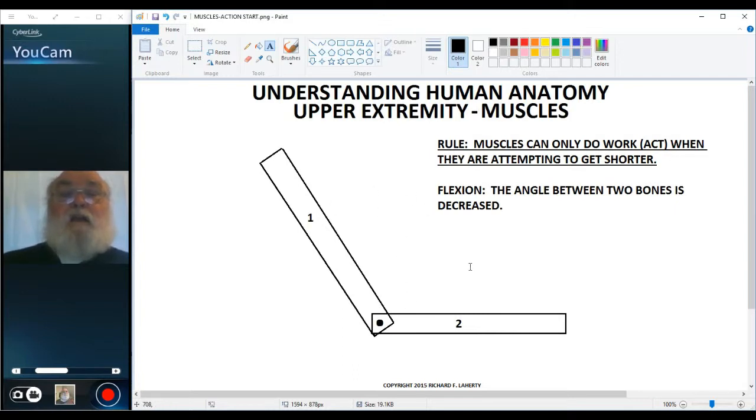If we bring bone number 2 closer to bone number 1 in this direction, that is flexion.